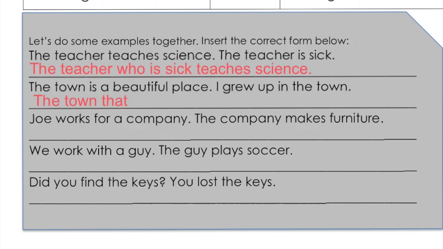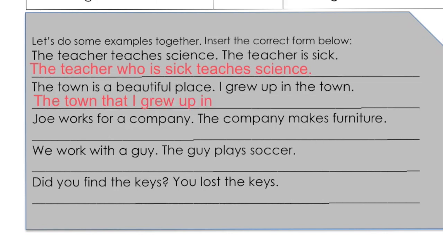Here, I can take "I grew up in" and insert it here. We do not need to say the town because the town is here. We are talking about the town. So now we have the town that I grew up in. Let's finish the sentence. We need to add is a beautiful place. So there you have it. The town that I grew up in is a beautiful place.